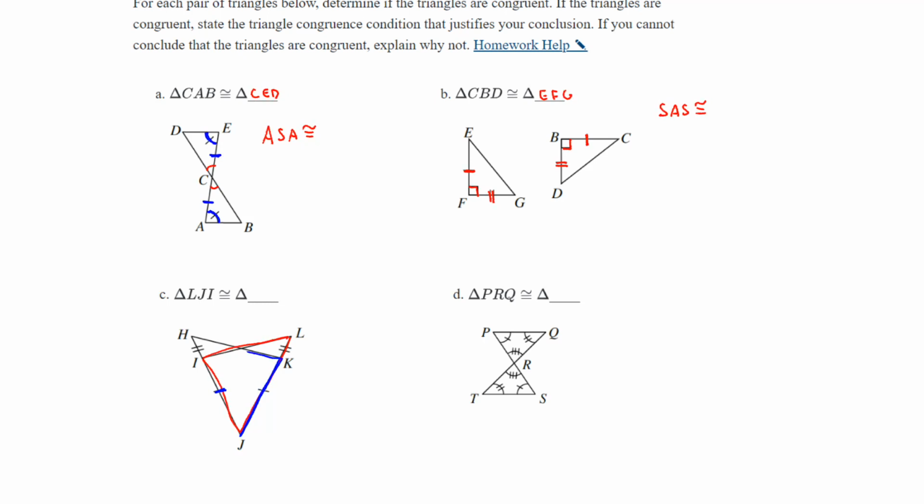So maybe this is the other triangle we're trying to prove are congruent. So this one you can see is congruent to this one on the red one. We also have this angle J, which is corresponding to both of them. So we have a side, we have an angle, and then what else do we have? We have this little marking here where LK and HI are congruent.